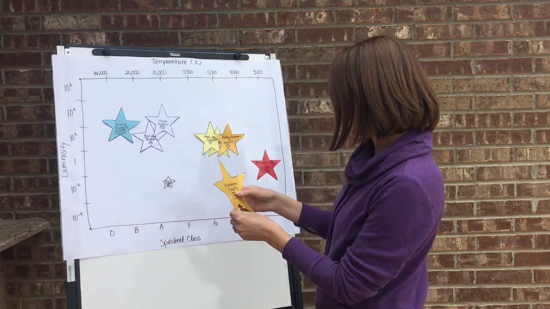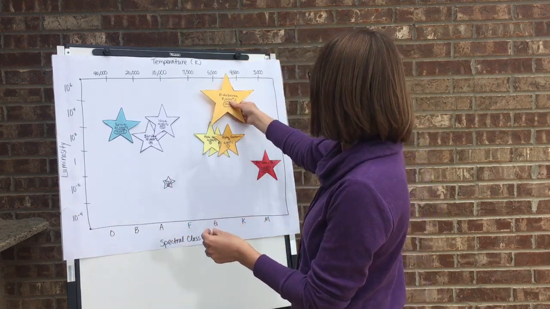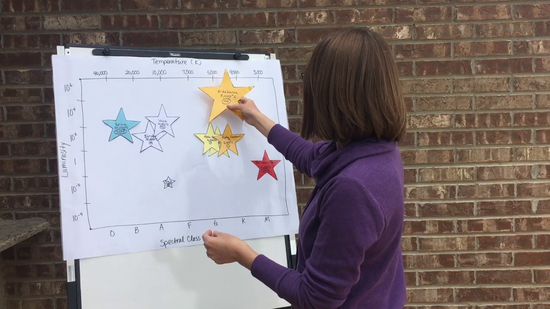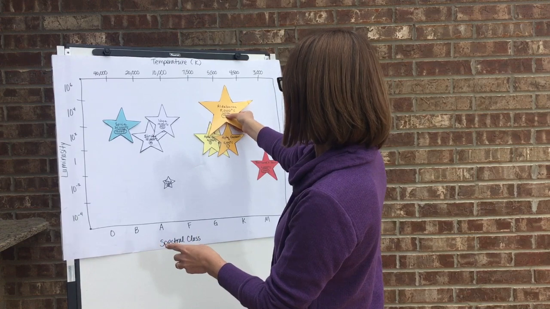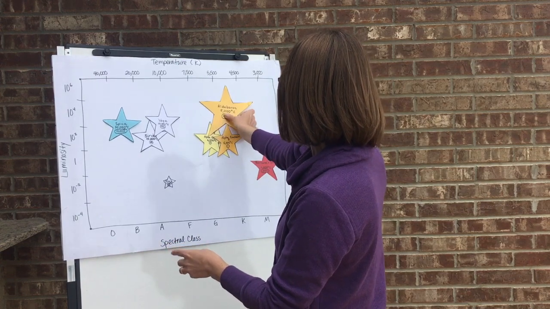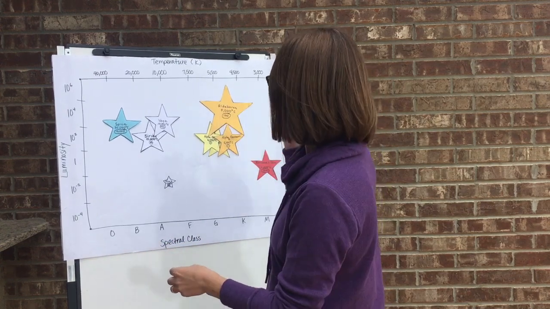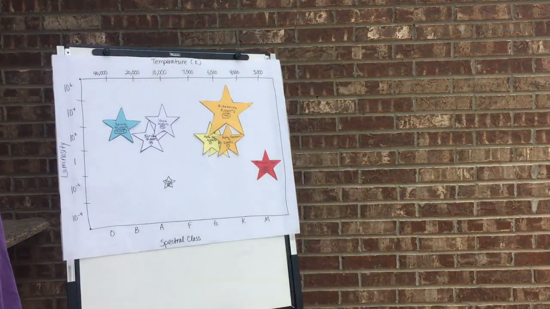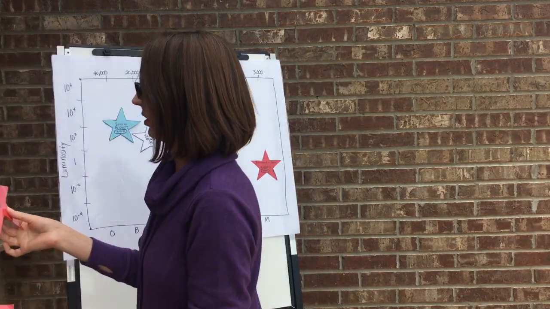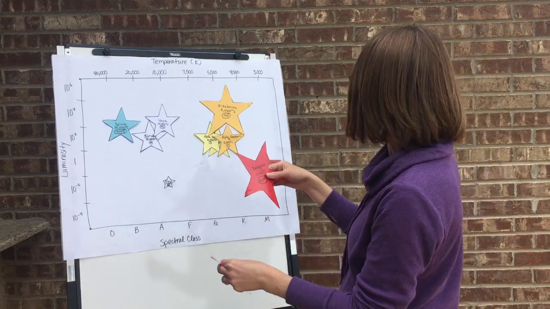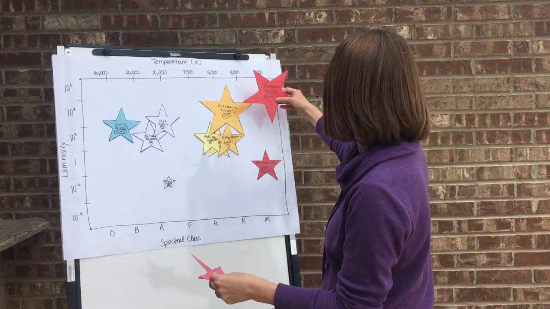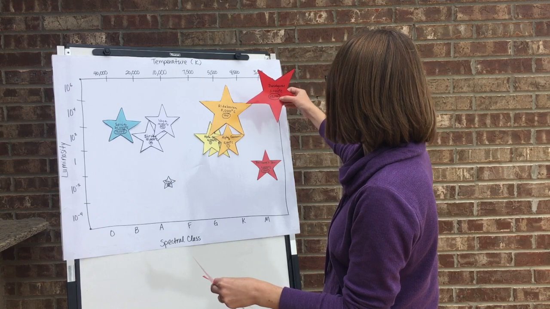Aldebaran, its temperature is 5,000, so in this area, and luminosity is 100, which is about right there. Okay. Now we have Betelgeuse. Betelgeuse's temperature is 3,000, so it's going to be in this line, and its luminosity is 20,000.